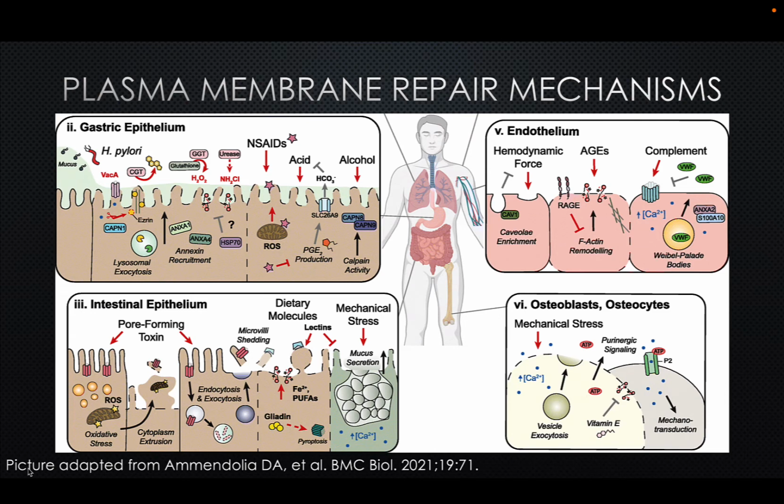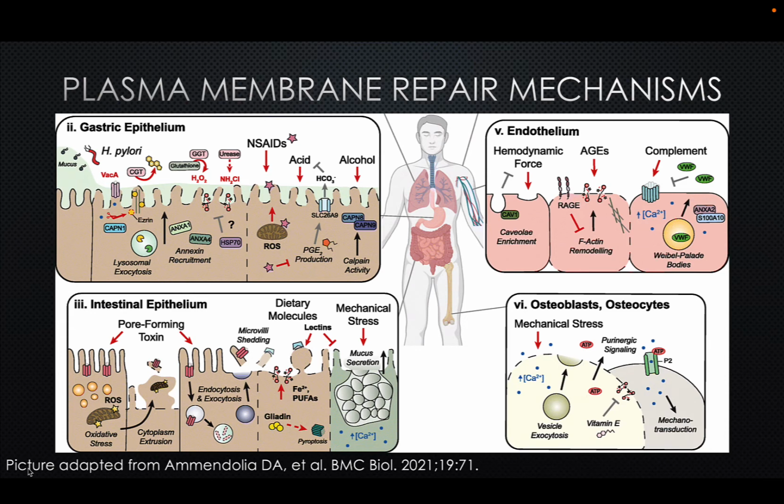In the upper left corner, we can see within the stomach the gastric epithelium. Here, the epithelium is highly dependent on having a thick and functional mucus layer, which protects against biochemical and physical stressors.